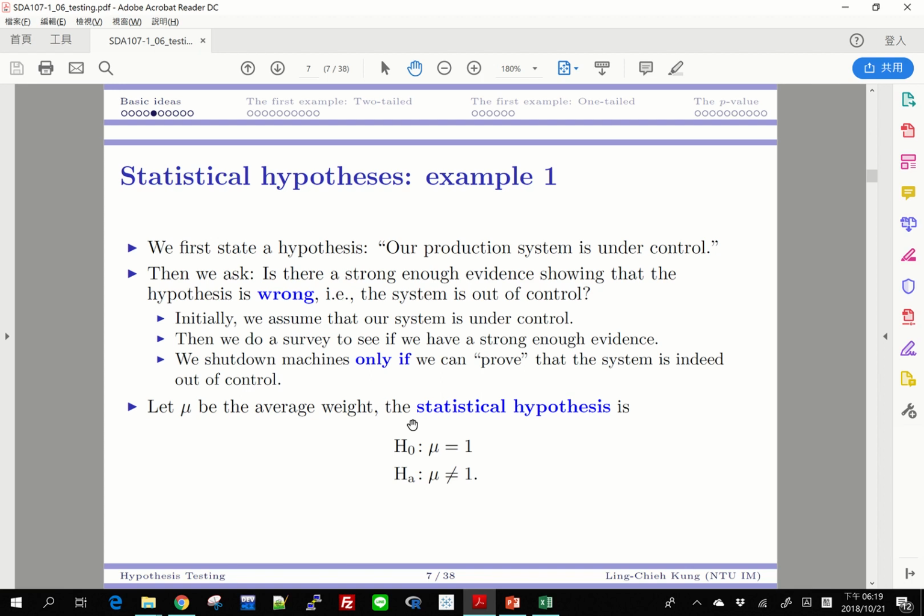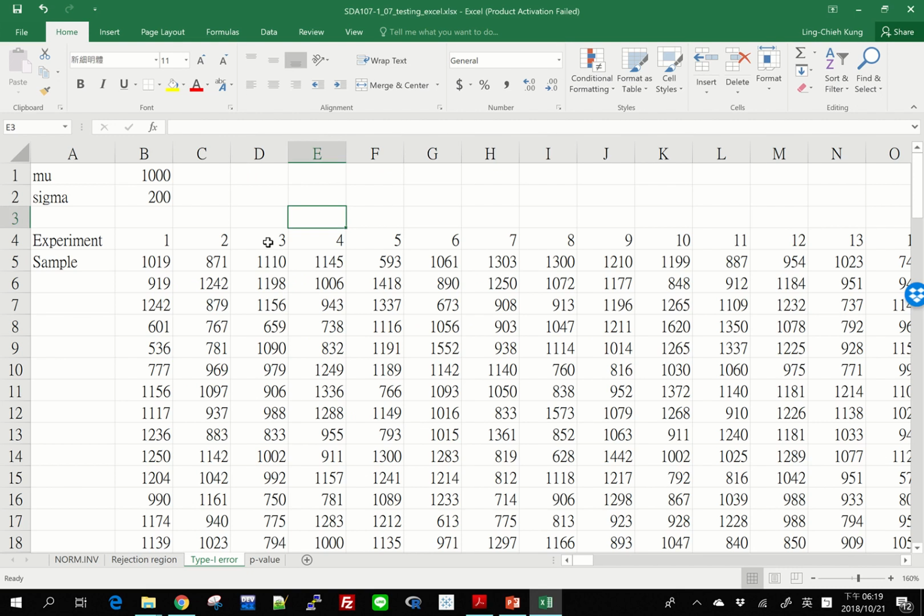The whole thing that we are constructing is a system where, when we reject H0, we control its error probability. We control the type 1 error probability. So I'm going to use this experiment to try to convince you that we are really controlling that type 1 error probability.